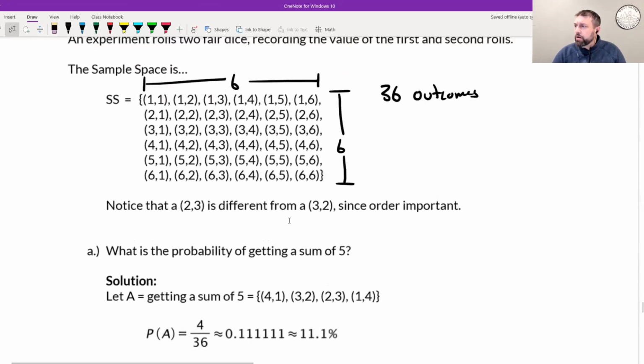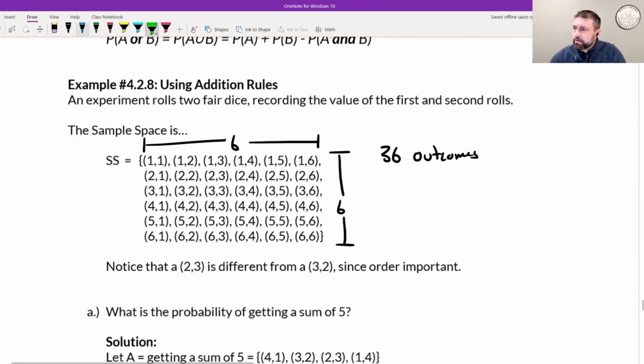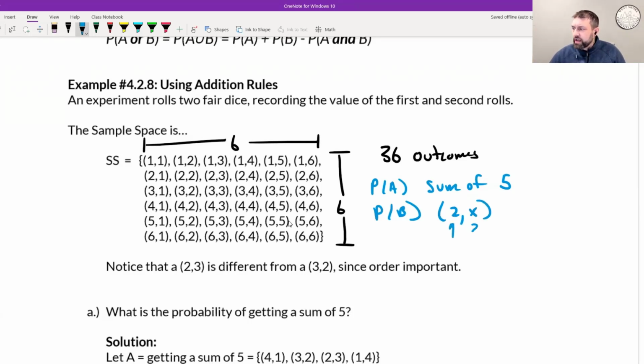Remember, the probability of A was that you had a sum of 5, and the probability of B was that the first digit was a 2. So I'm going to write it like this: 2 was the first digit, and then we've got some number for the second digit.